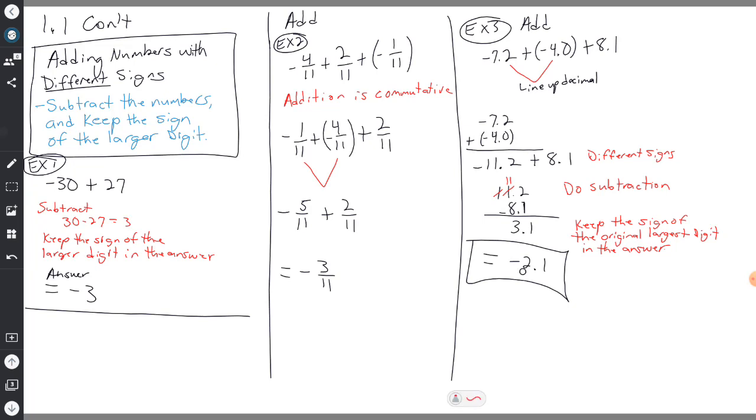So this should become 3.1. All right. So when you're working with adding and subtracting decimals, if you have to do it by hand, you line the decimals up, and your answer should turn out to be whatever amount of decimal places that you have there.